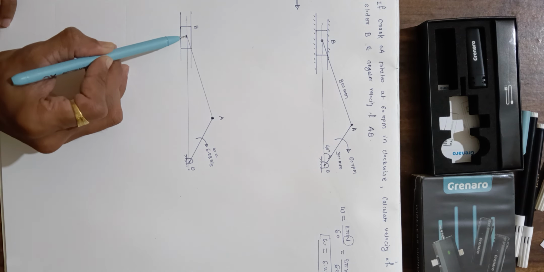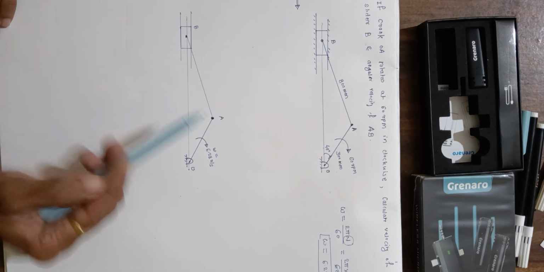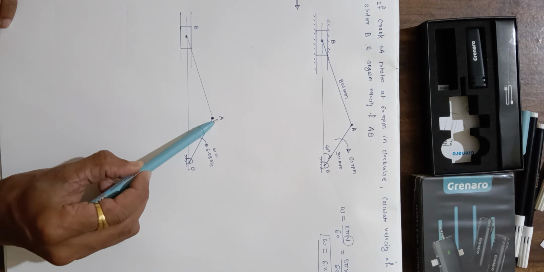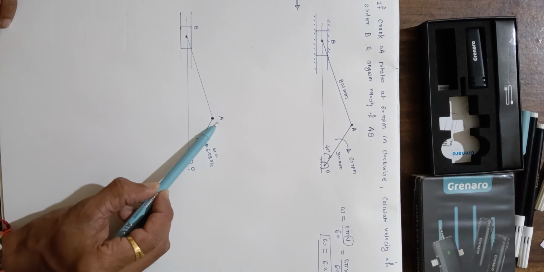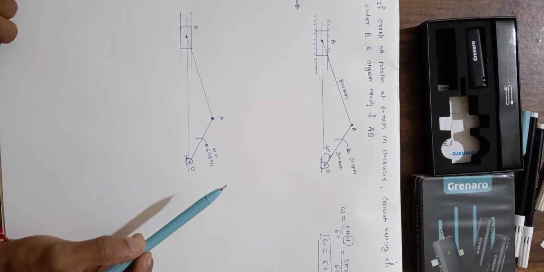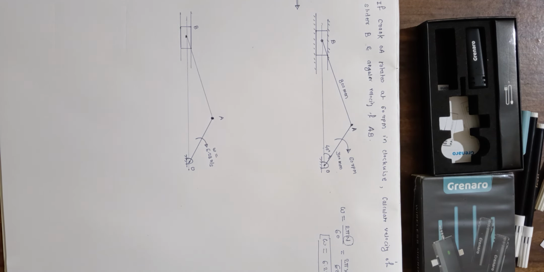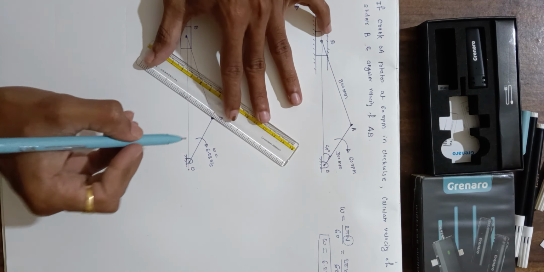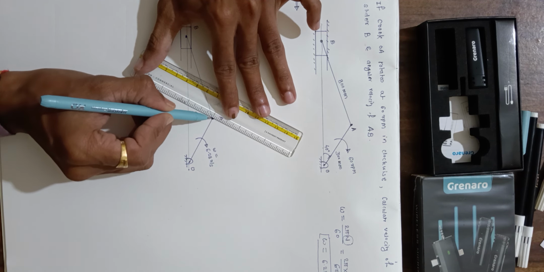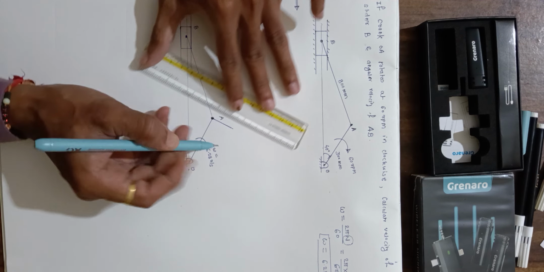This is the connecting rod AB and this is the slider B. As this crank rotates in this direction, the velocity of the point A is in the upward direction and it is perpendicular to the crank OA. So draw the perpendicular to this line OA, that is the velocity of the point A. So it is in the upward direction.